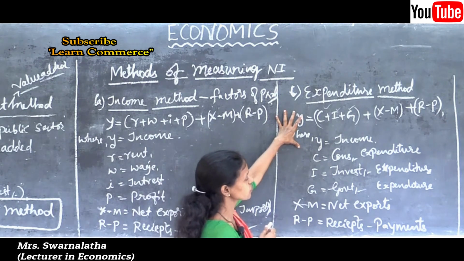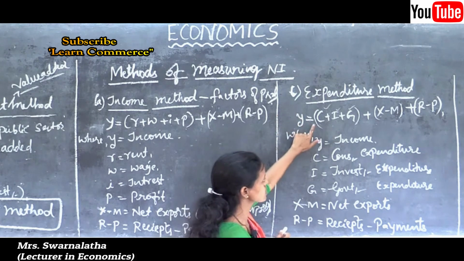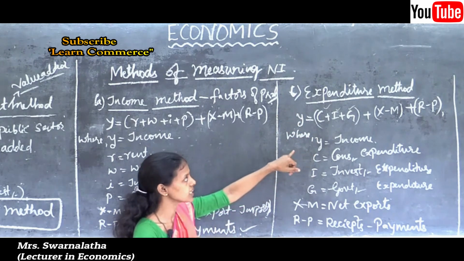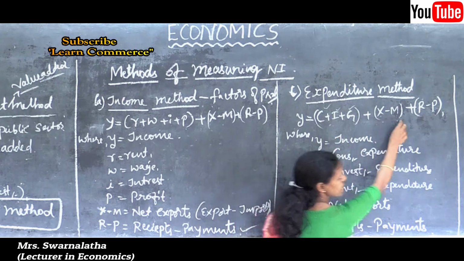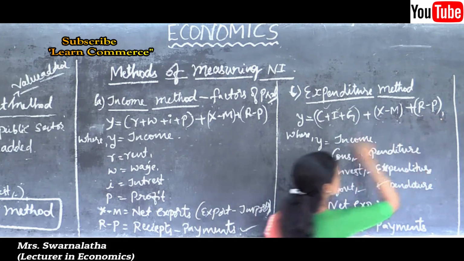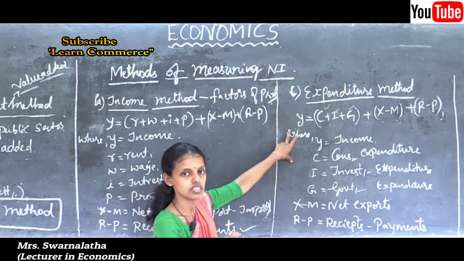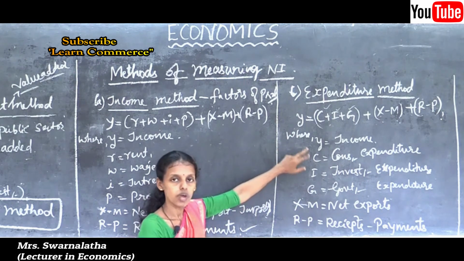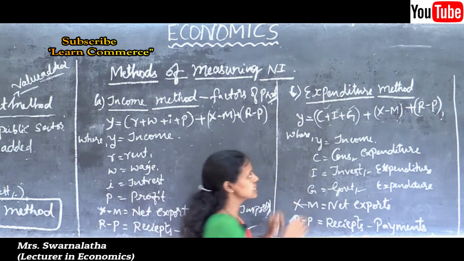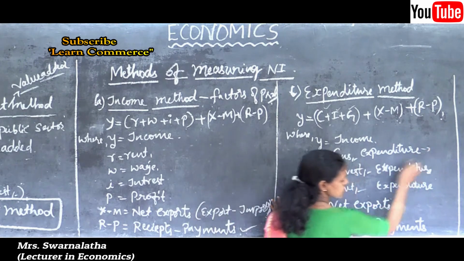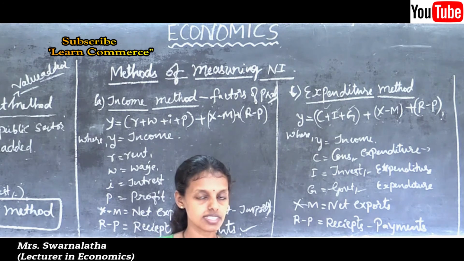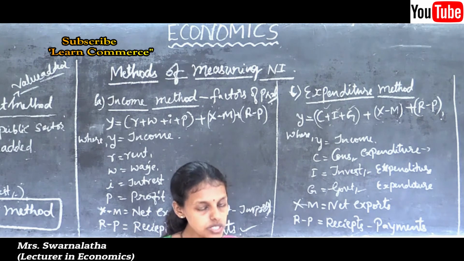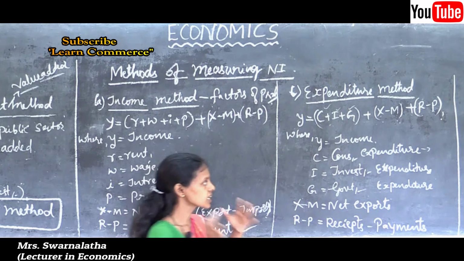The equation is Y is equal to, income is denoted by Y in economics, C plus I plus G plus X minus M plus R minus P. This is the equation to calculate the expenditure method, where Y is income, C is consumption expenditure, expenditure made for consumption purposes, to purchase consumption goods or to sell consumption goods or to produce consumption goods in a domestic country.